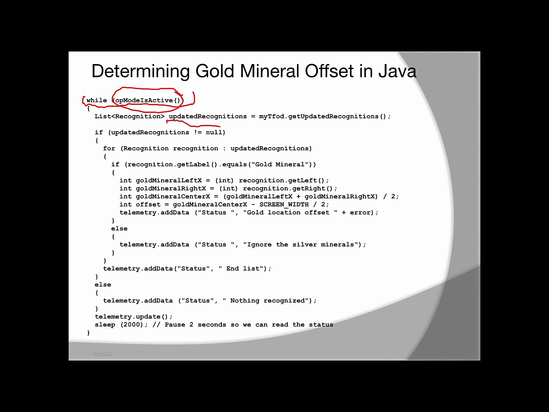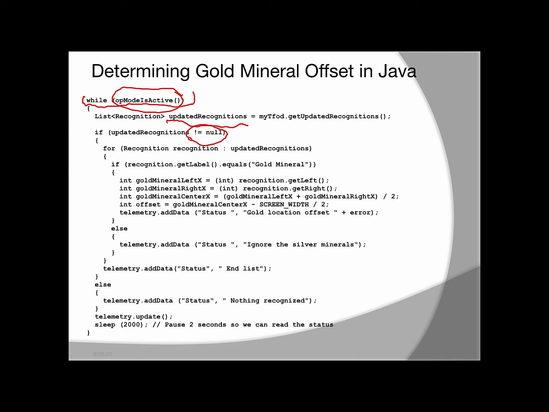So here's where we get our updated recognitions like we have done before. We're just going to make sure that that list is not null, because bad things can happen. This is an important check that we should always do: make sure that the list we're looking at has values in it.